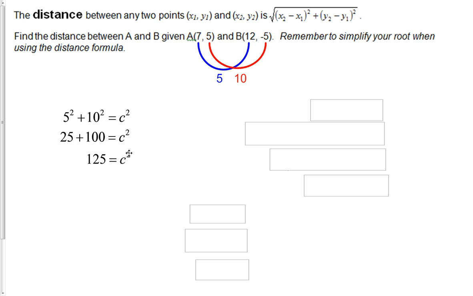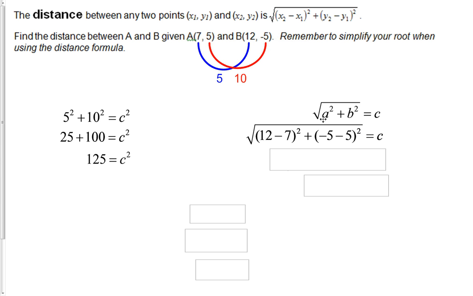Before we go any further, I want to show you what it would be like if we popped it into the formula. So we're going to actually get rid of that. We're going to have our x coordinate for our b, so x2 minus the x coordinate of our a, x1, so 12 minus 7, all that squared.